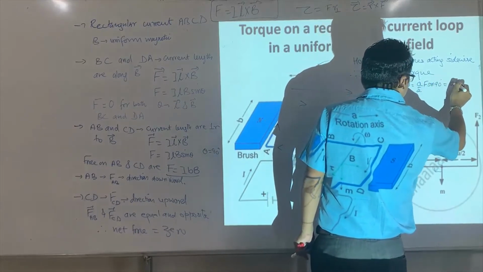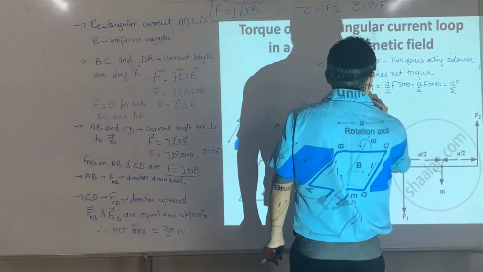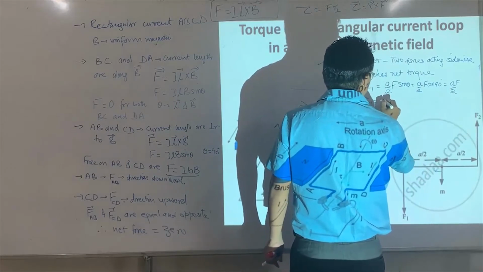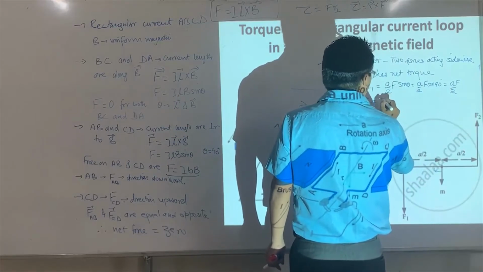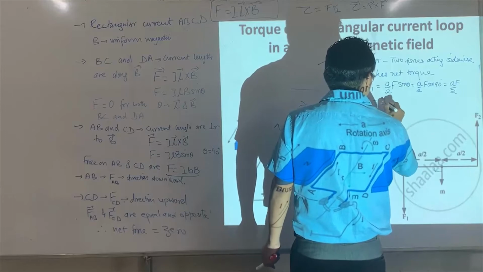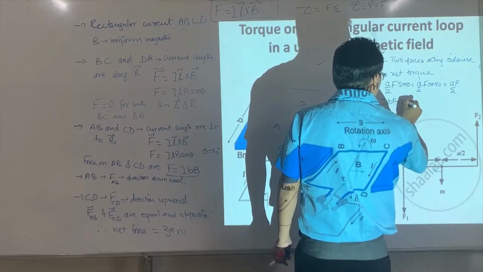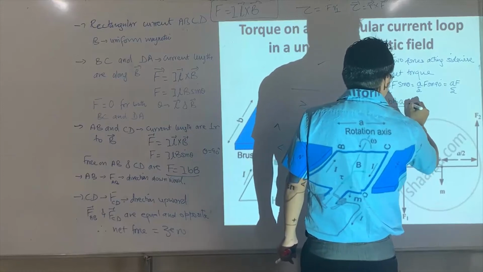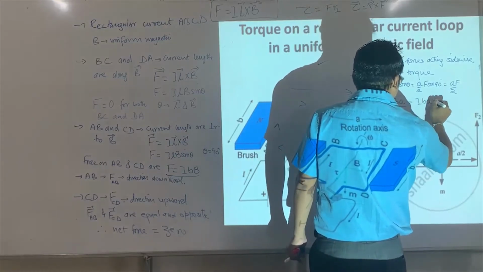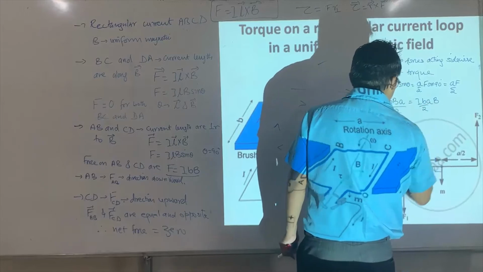This is going to be aF by 2. And what about F? F is equal to I b, divided by 2. So this is equal to I b a divided by 2.